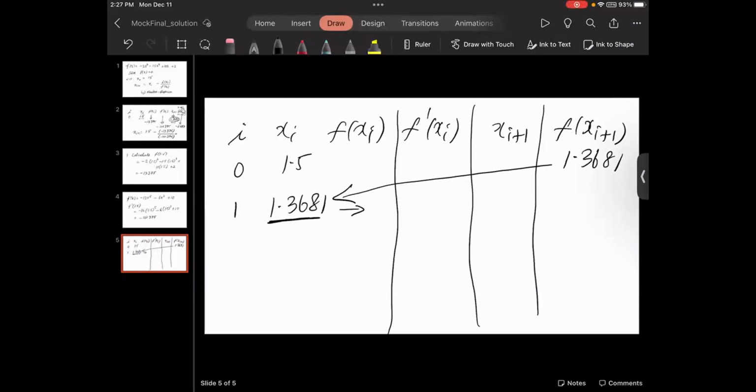Always maintain 4 decimal points. And the value of the derivative is 62.8689. And the value of x_i plus 1 is 1.3254. And the value of the function is minus 2.2141.